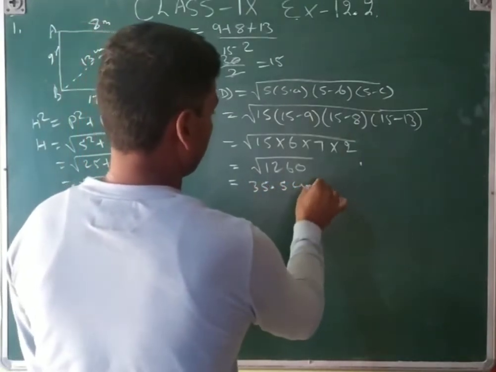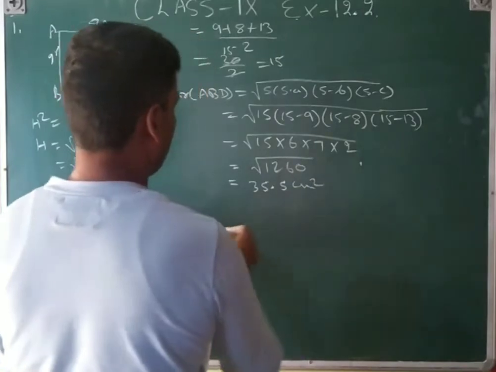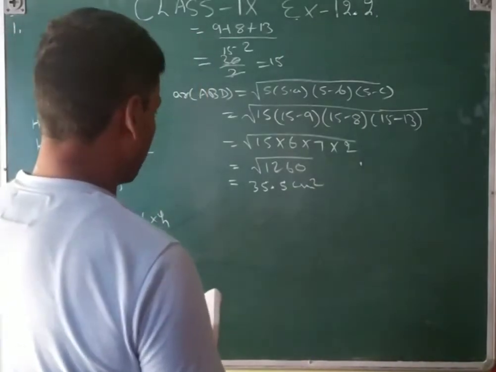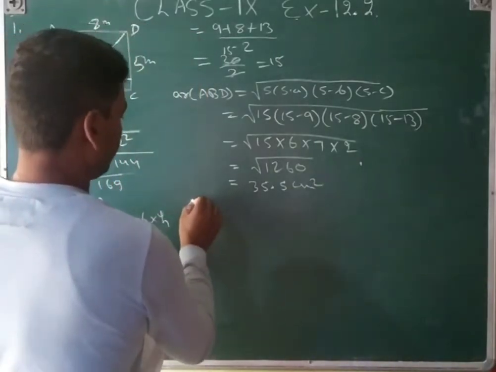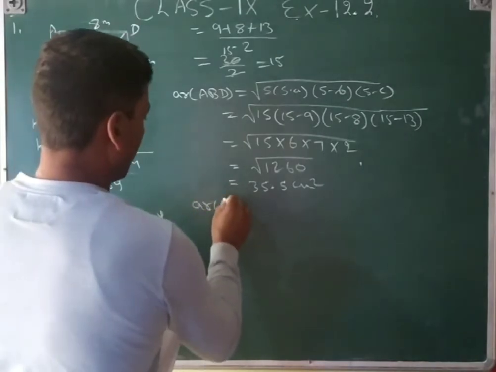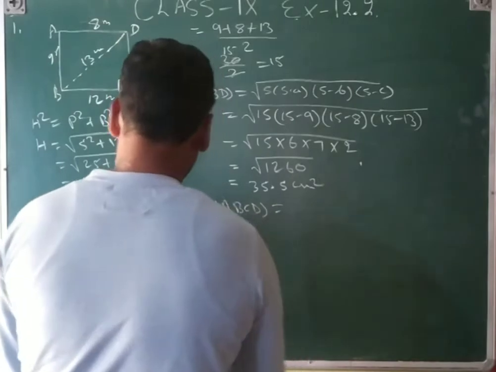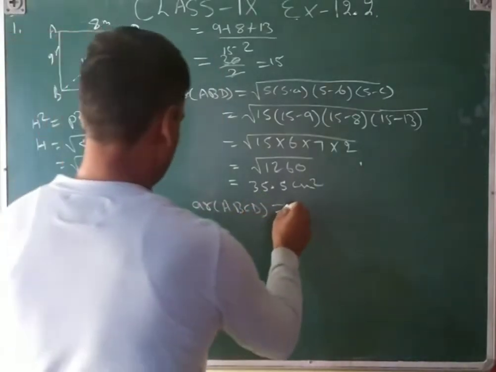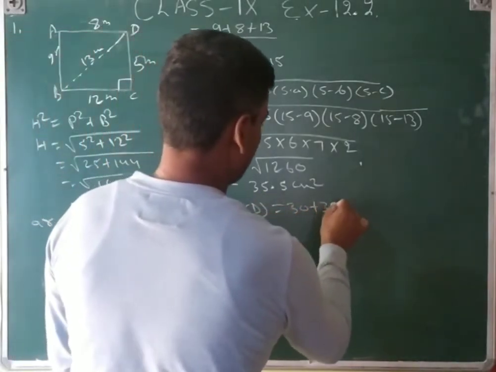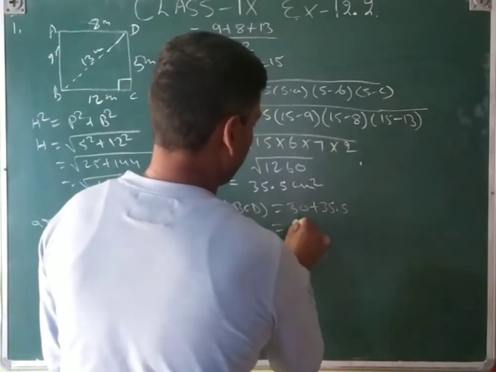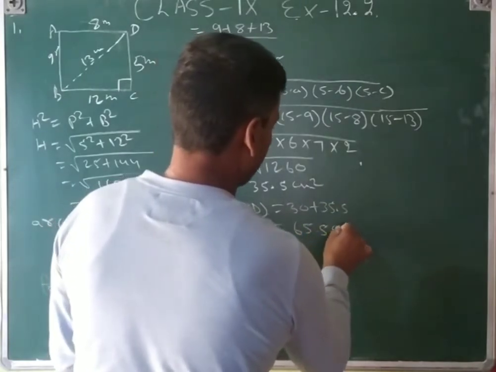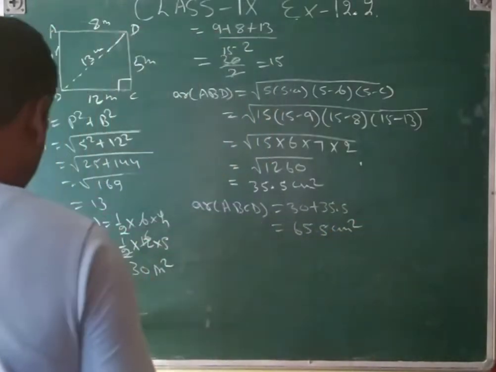You can find that, you have studied it in 7th class, 8th class also. Now area ABCD is equal to the sum of both areas, this area and this area. 30 plus 35.5 will be 65.5 meter square.